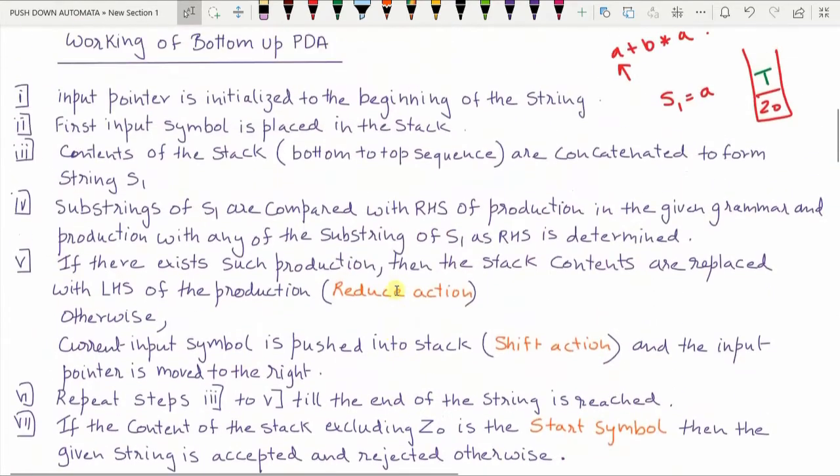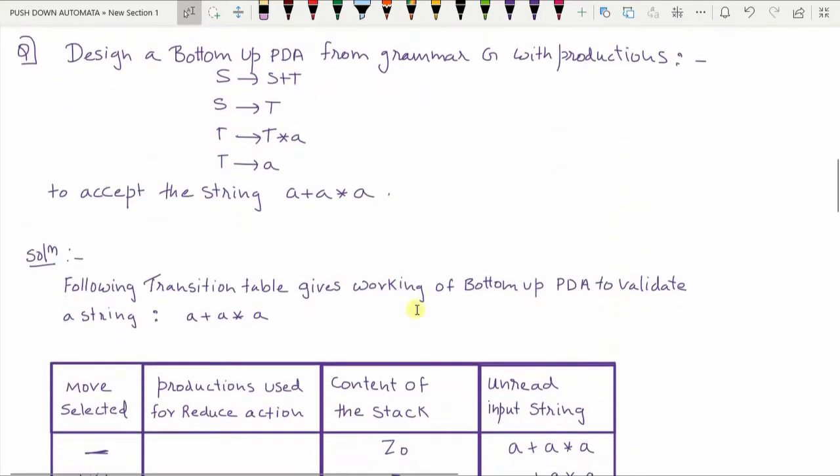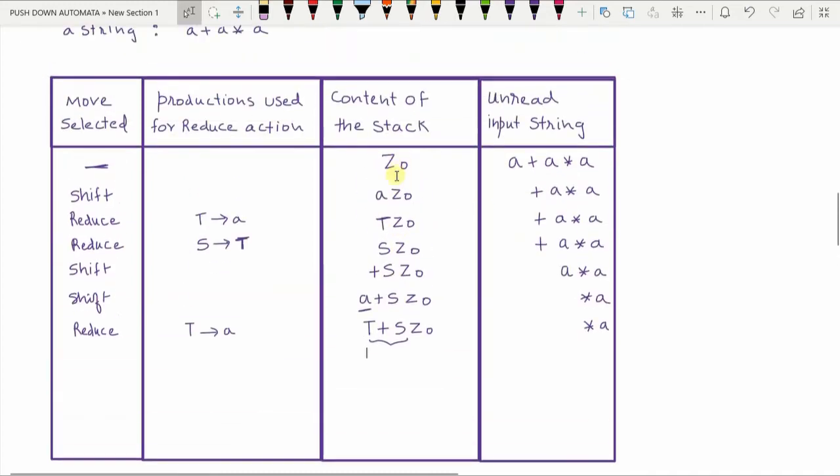the algorithm stops when the start symbol is finally present on the top of the stack. So no doubt by reducing S plus T to S on the stack you would get the start symbol, but is your input string yet over? No. So I will not do that reducing.